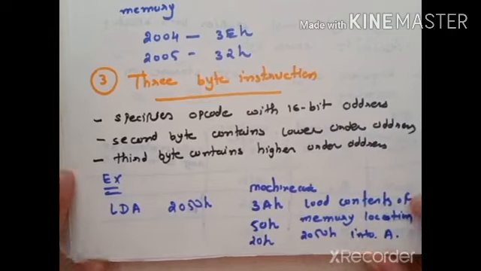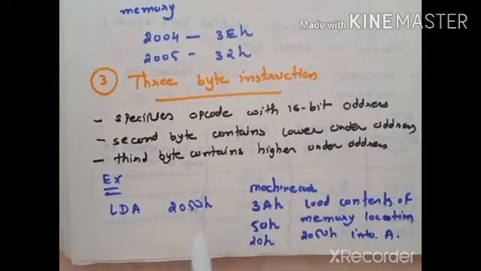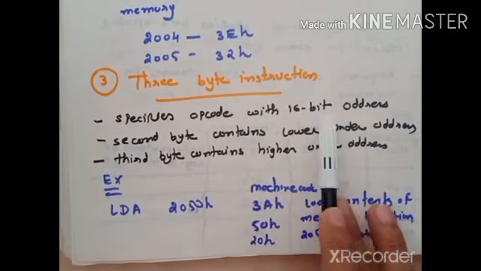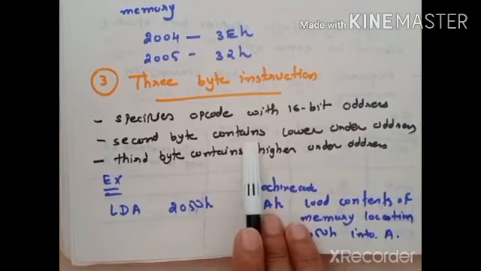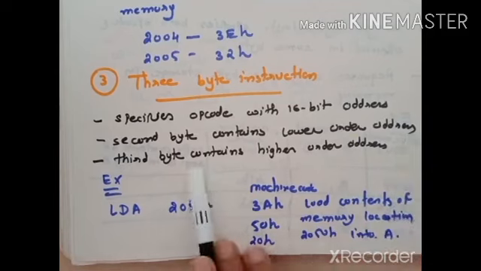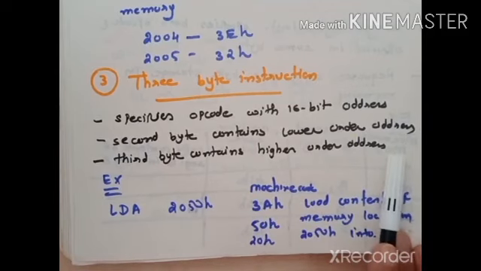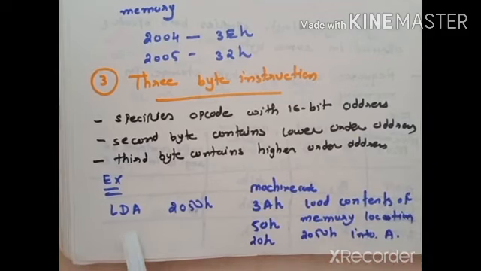Next, 3 byte instruction. It specifies the opcode with a 16-bit address. In this, the second byte contains the lower order address and the third byte contains the higher order address. An example of this instruction is LDA 2050.